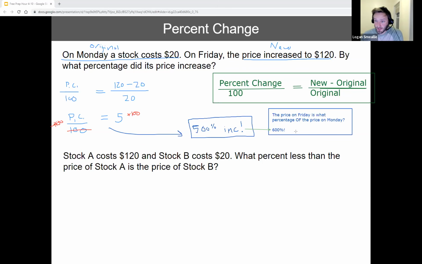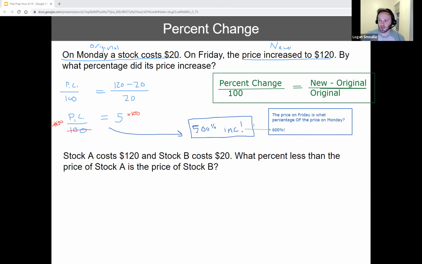One way you can think of that is originally it's 100% of itself. Everything is always 100% of itself. So if you increase 100% of yourself by 500%, 100% plus 500% increase, it's 600% of your original.